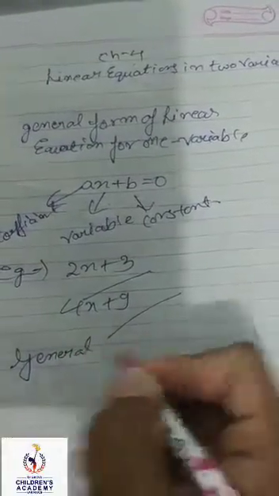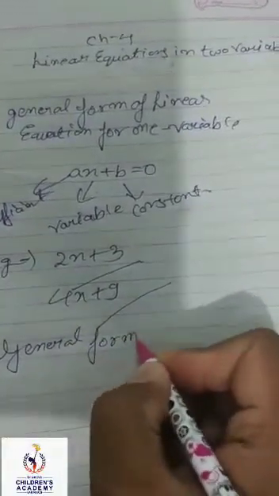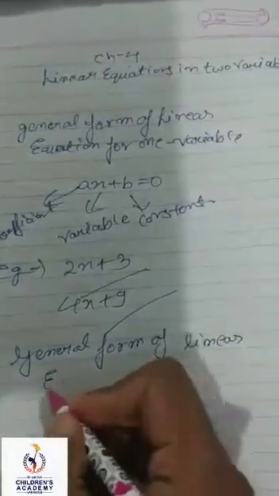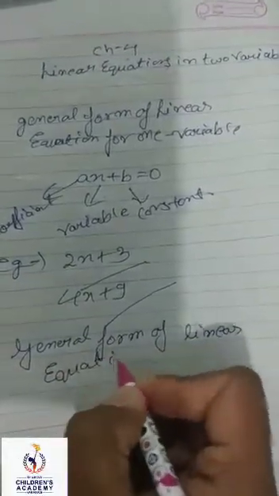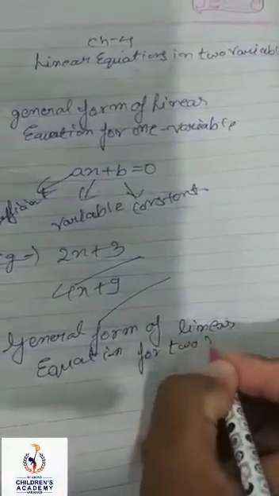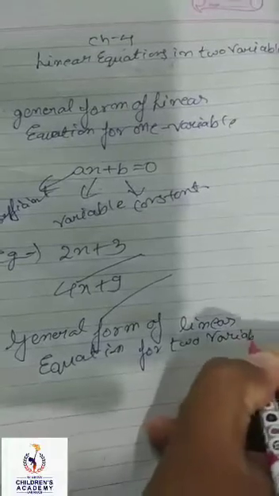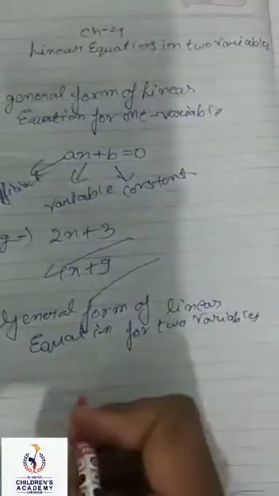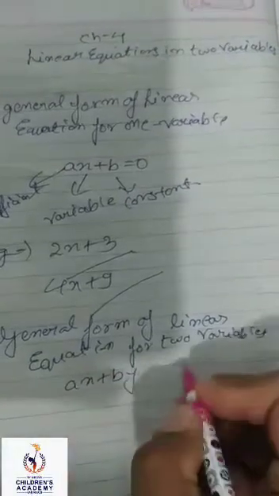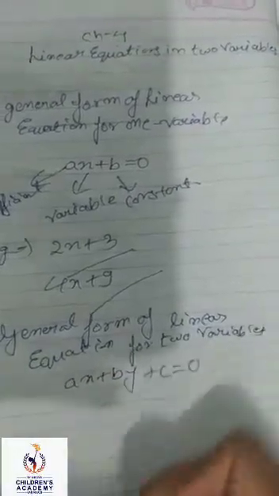So the general form of a linear equation for two variables will be ax plus by plus c is equal to 0.